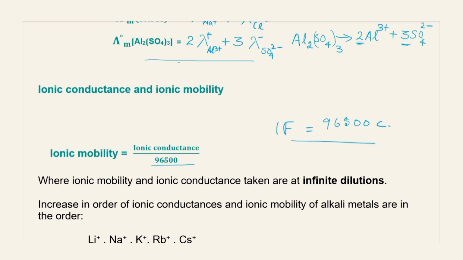Dividing by 96,500 coulombs, you get ionic mobility. All ionic mobilities as well as ionic conductances are taken at infinite dilutions. It is to be remembered, we only consider these values at infinite dilutions.